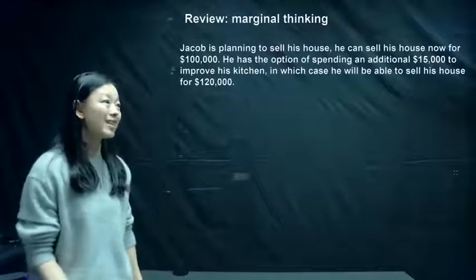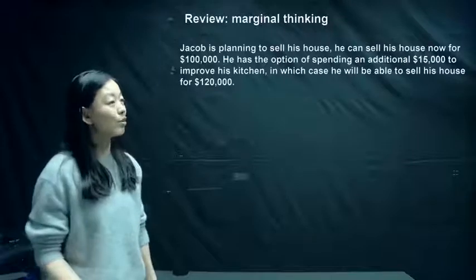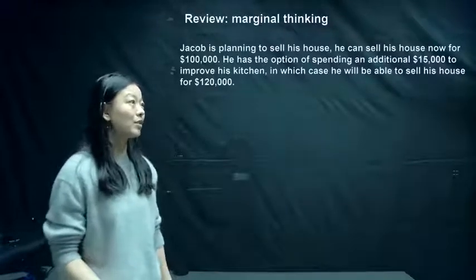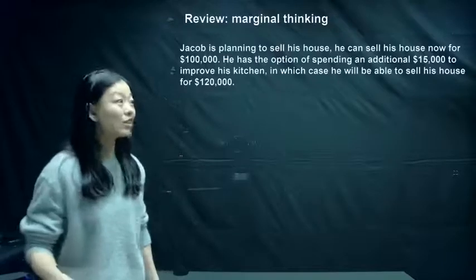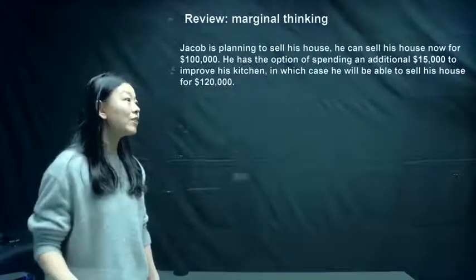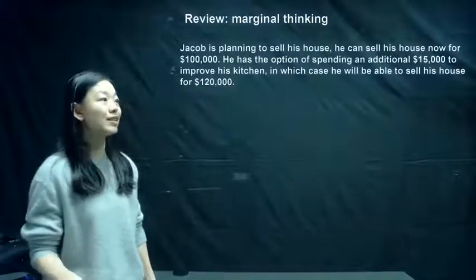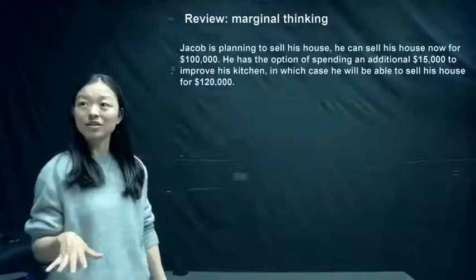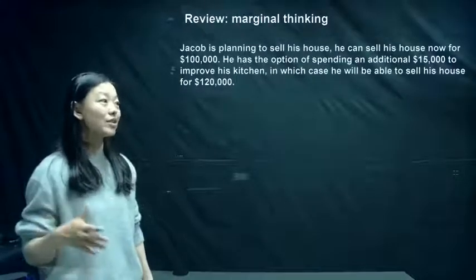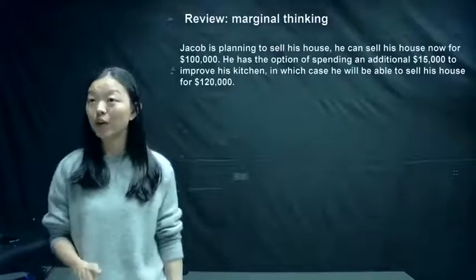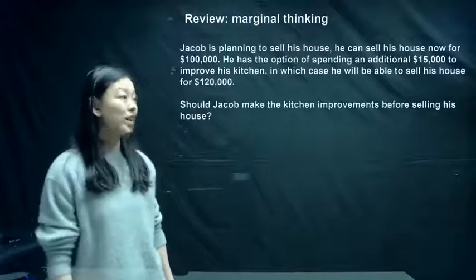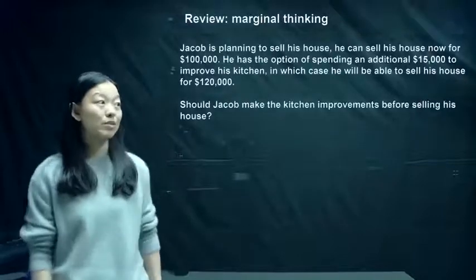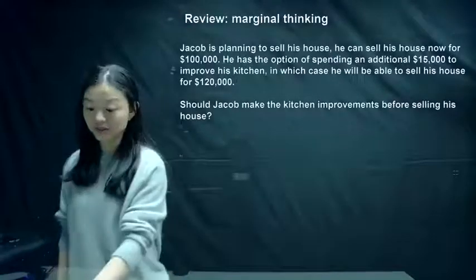He could sell his house now for $100,000, and he has an option by spending an additional $15,000 to improve his kitchen. In that case, he can sell his house for $120,000. The question here is, should Jacob make a kitchen improvement before selling the house or not?